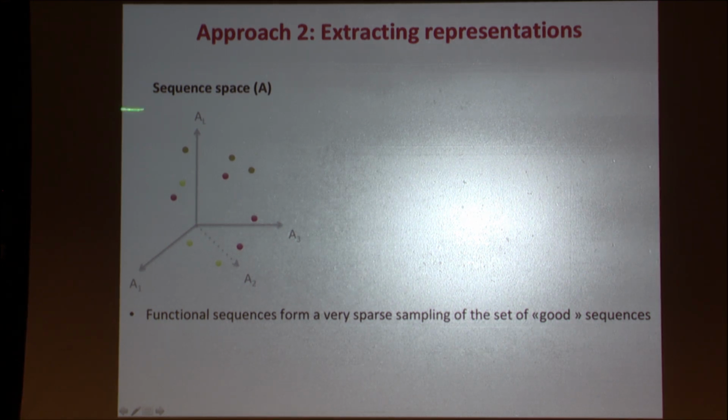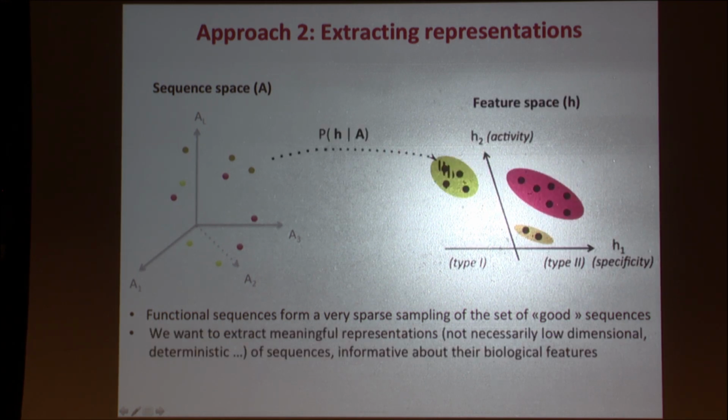Now, can we actually make sense of these dots here and try to represent this space of sequences in a more abstract space, which I will call a representation space or feature space? So this feature space has to be defined. I'm just plotting something which is not defined yet. You will see later on how to practically obtain something like that, where maybe you are able to extract some directions which have some biological meaning.